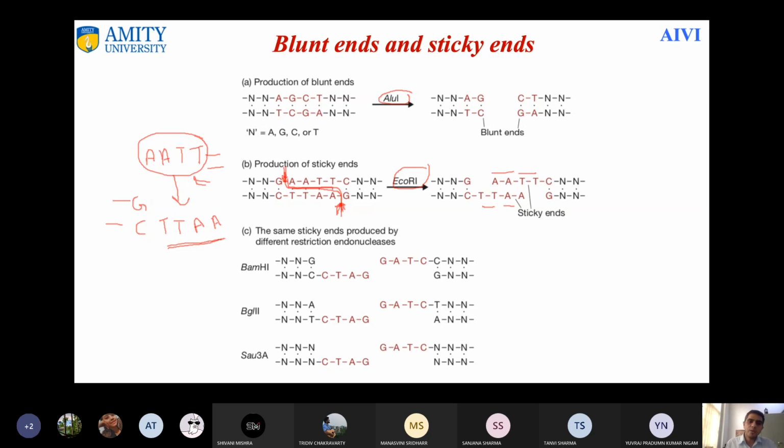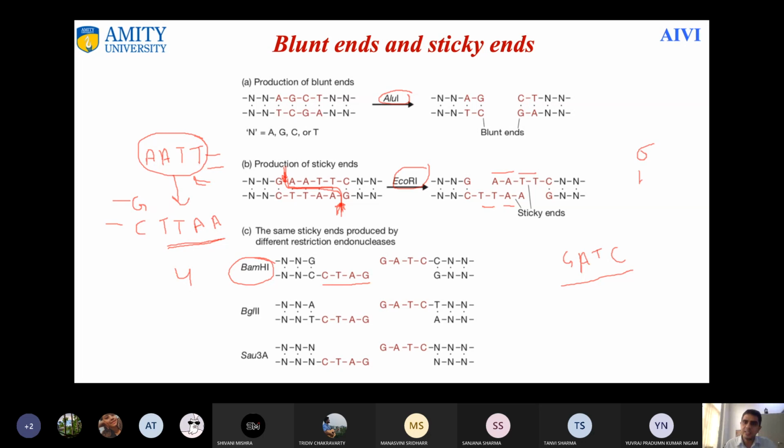Another example of a similar type of enzyme which produces a staggered cut is BamH1. What is BamH1 doing? BamH1 is recognizing GATC. GATC is a 4-nucleotide sequence, which means BamH1 is a tetra cutter. It is recognizing 4 bases. EcoR1 recognizes GAATTC, which means 6 bases.